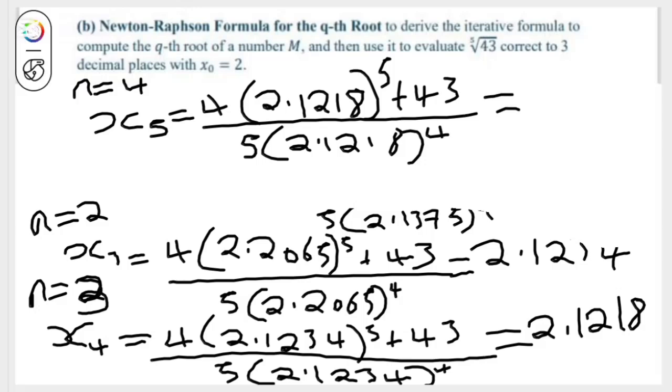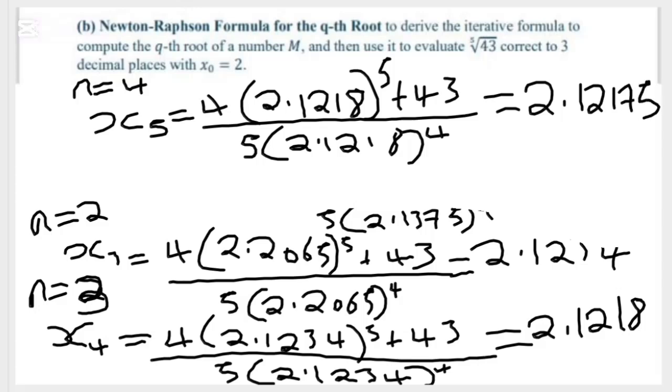What am I going to get? This is the same thing as 2.12175.